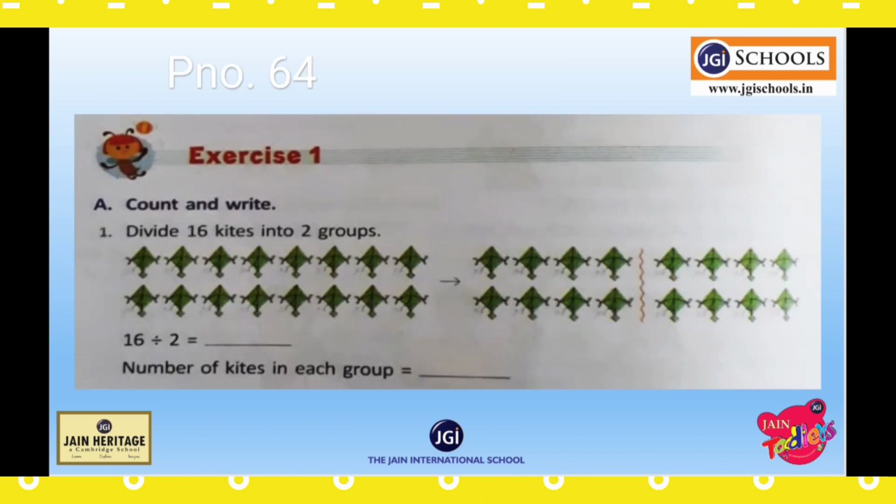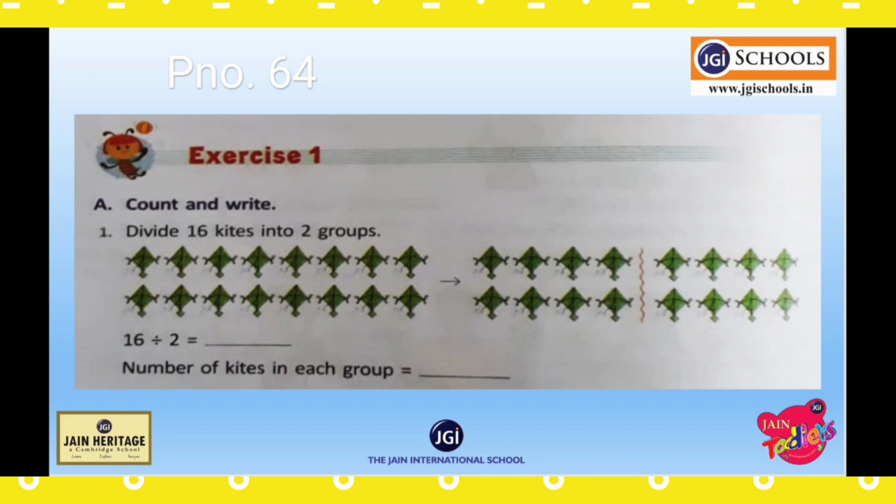Now it is exercise 1 in your Splash book, page number 64. There is a group of kites. Total 16 kites are there and they are divided into 2 groups, right? How many kites are there in each group? Can you count it?